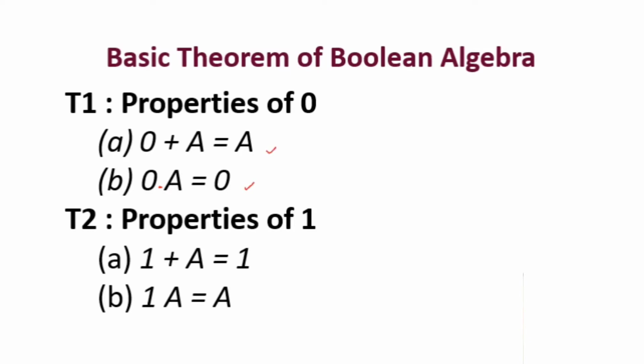So these are two very basic rules for 0, and now some basic rules for 1. 1 plus A, anything plus 1, will be 1, because that A may be 0 or 1, and in either case, 1 plus 0 or 1 plus 1, this will remain high. That means 1 plus anything will be equal to 1. Similarly, 1 into A, something multiplied by 1, will remain unaffected. That means 1 into A is equal to A.